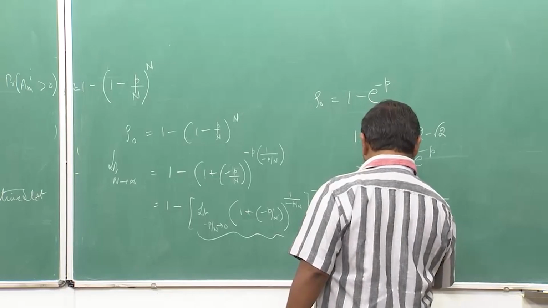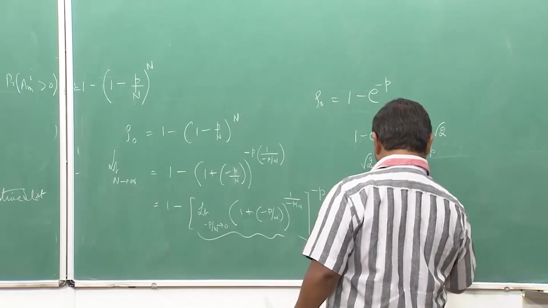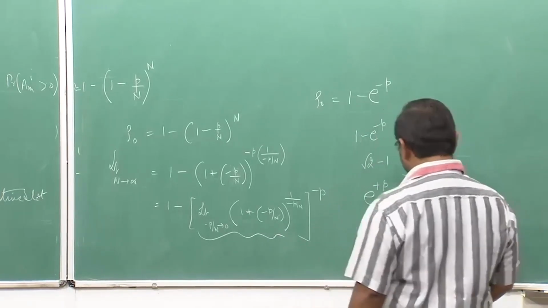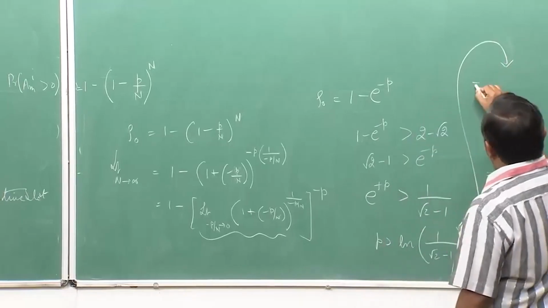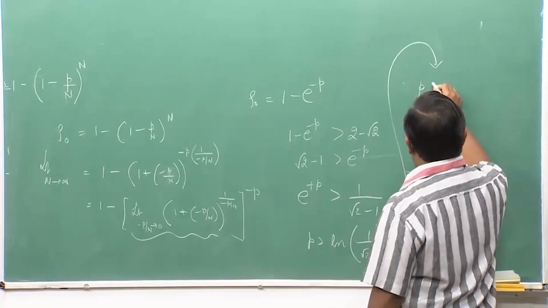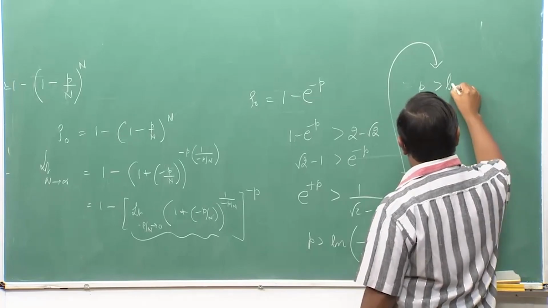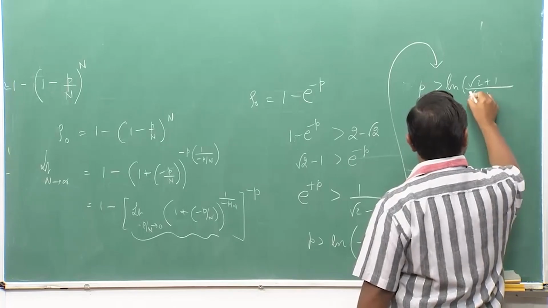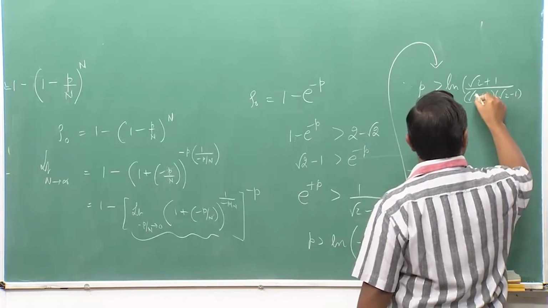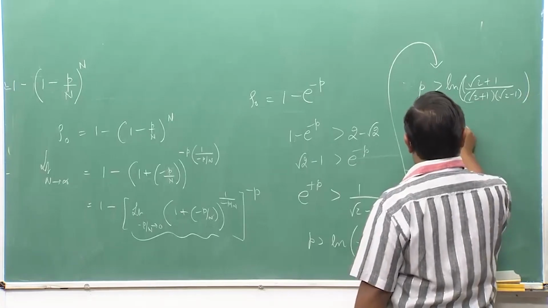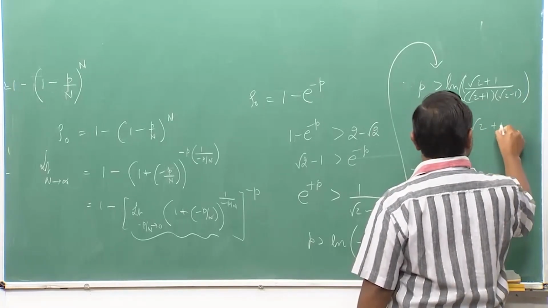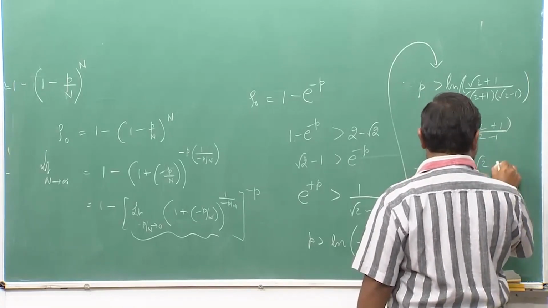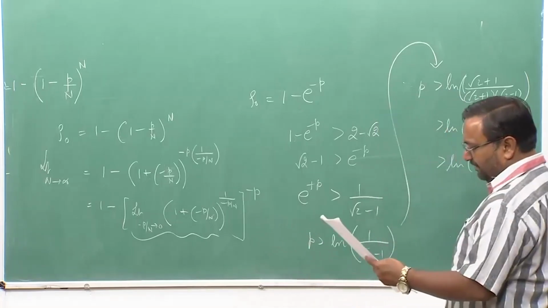which is going to be P greater than natural log of 1 over root 2 minus 1, and this will turn out to be that P is greater than, so what will be the value?